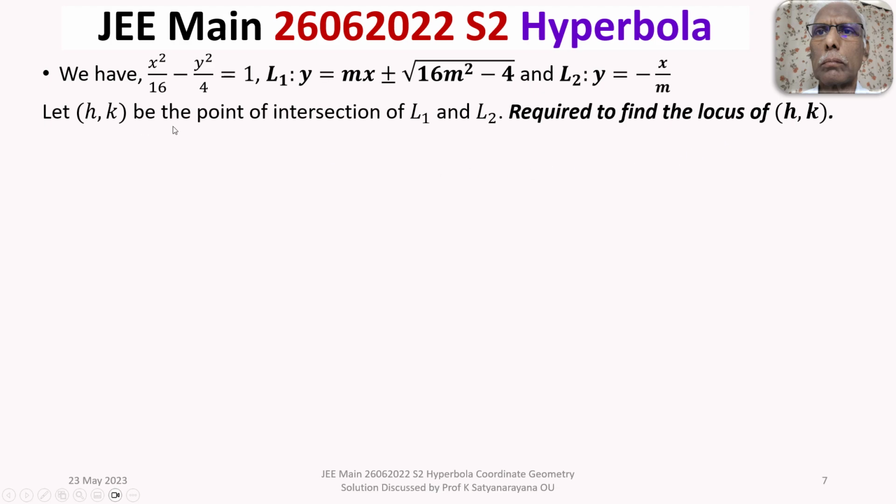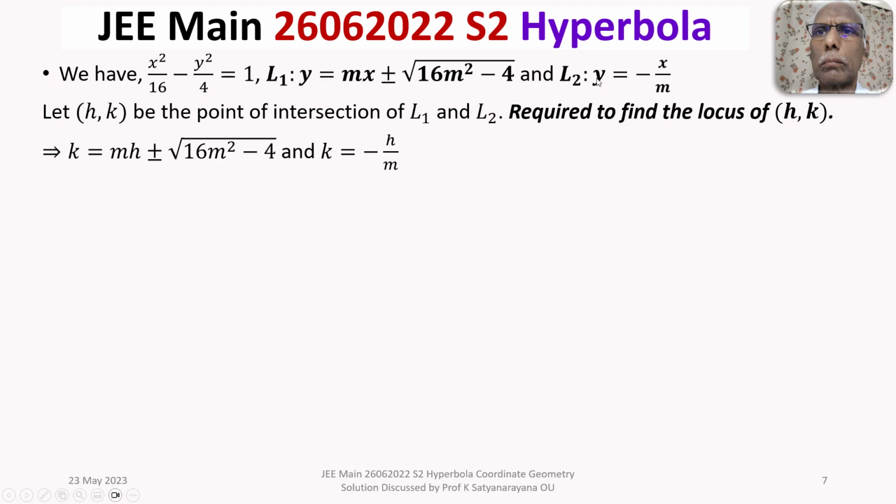Because h comma k is the point of intersection of L1 and L2, it lies both on L1 and L2. Therefore, h comma k satisfies both the equations of L1 and L2. Wherever there is y, substitute k, wherever there is x, substitute h, and we get k is equal to mh plus or minus under the square root of 16 m square minus 4.